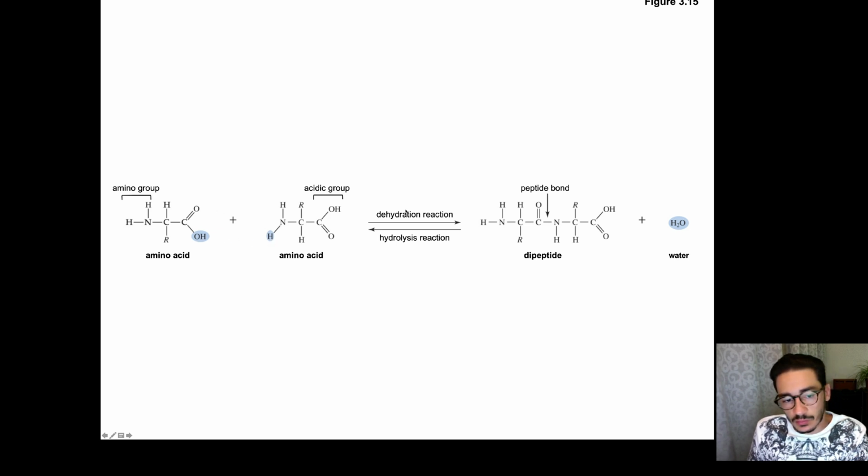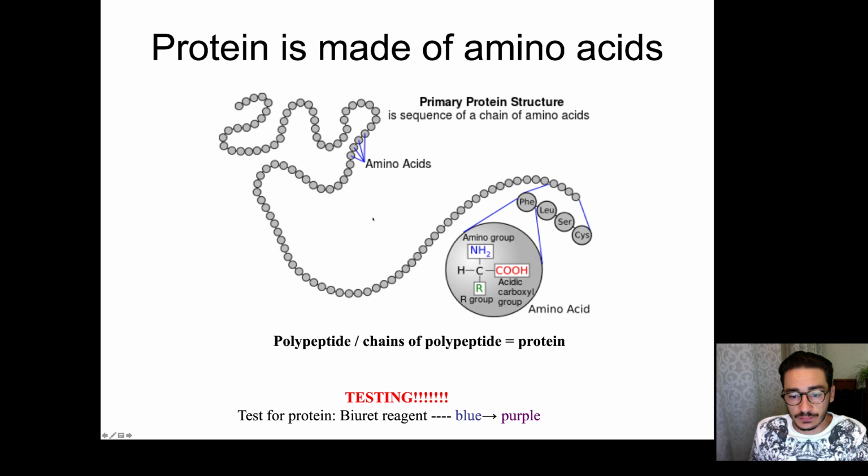So please remember: in dehydration, we lose water and we produce more complex molecules. In hydrolysis, you destroy the chain of some poly chain into singular building blocks. You use water and break the chain into building blocks. Dehydration is the opposite.